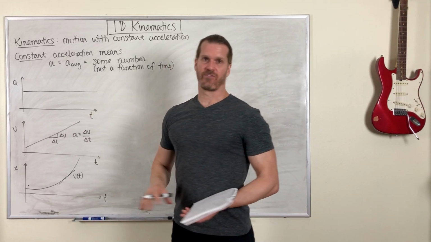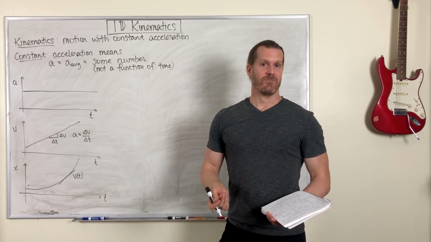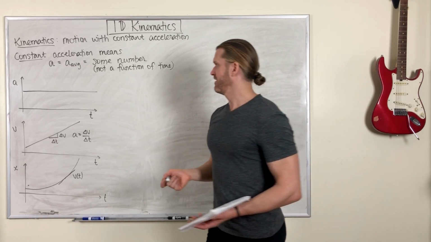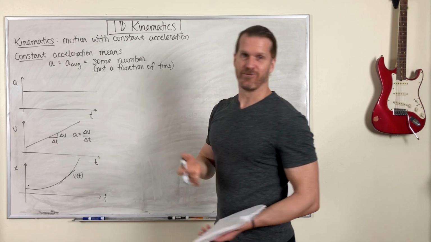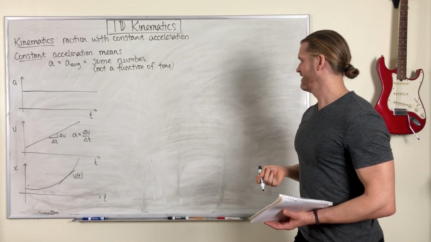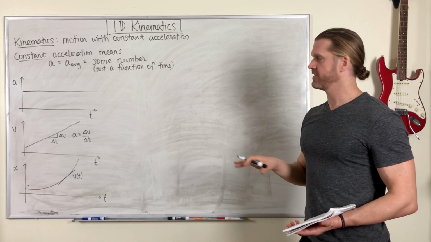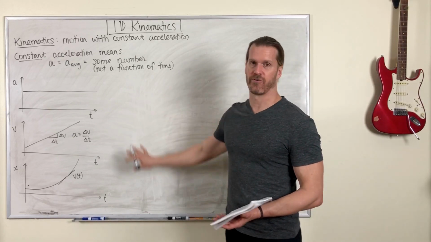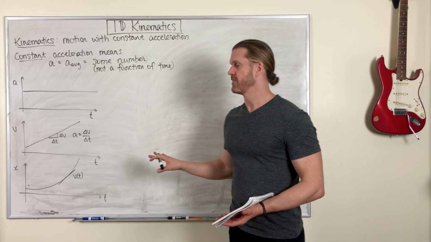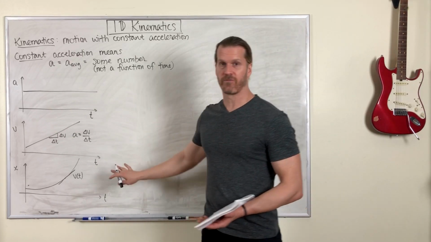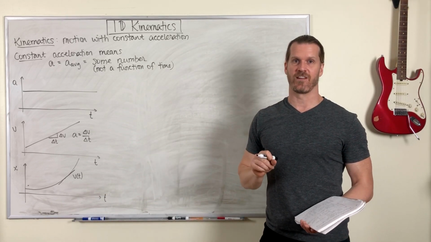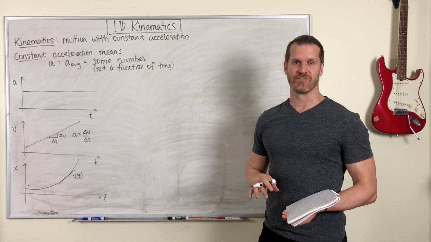These relationships come from calculus, and we're not doing calculus in this class, but it's not that hard to derive these relationships. From these relationships, we can write down a set of 4 kinematic equations.